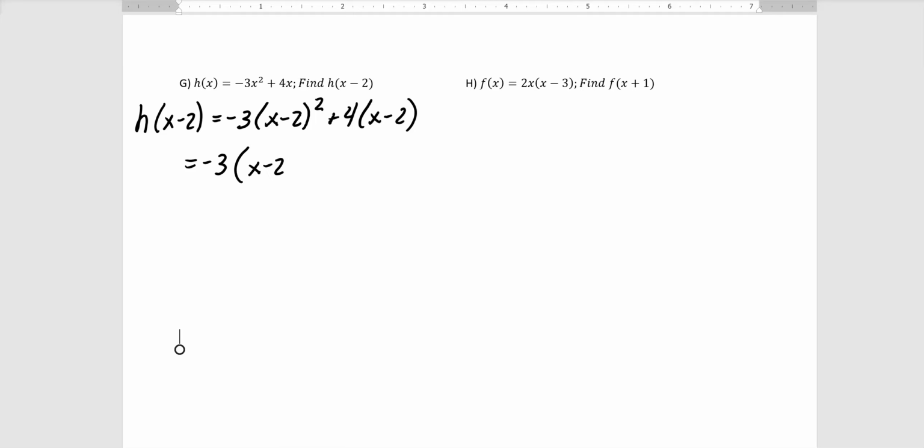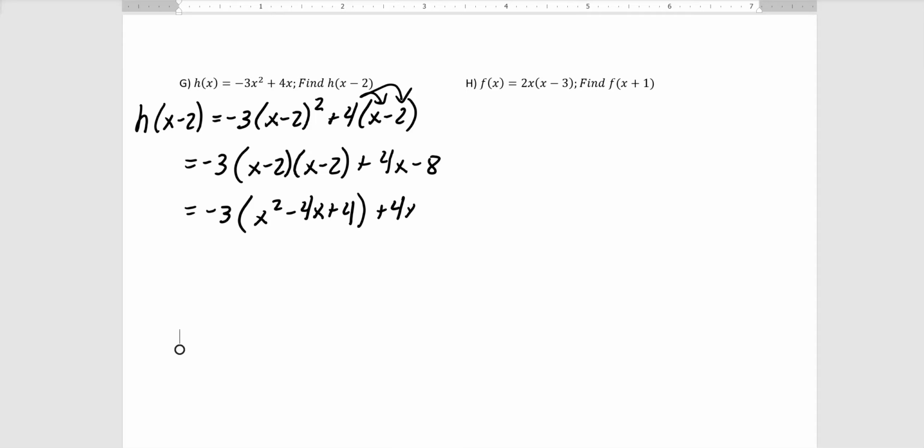Remember that this is x minus 2 squared, so it's x minus 2 times itself. Plus, and we can go ahead and do some distributing here. 4 times x minus 2 becomes 4x minus 8. So now we'll have negative 3 times x minus 2 times x minus 2, which leaves us with x squared minus 4x plus 4, plus 4x minus 8.